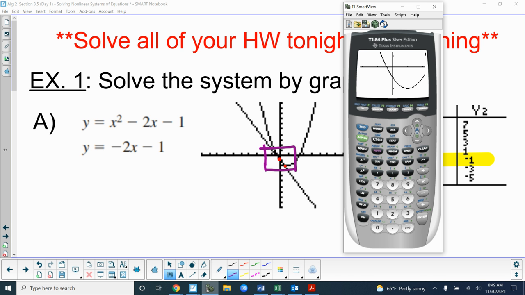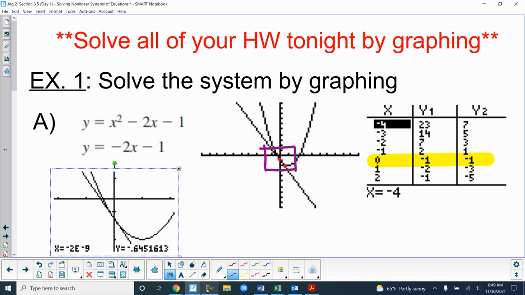There's my parabola, and there's my line. So you get a little better look at what's going on here. There really isn't an intersection here where that second red dot is.